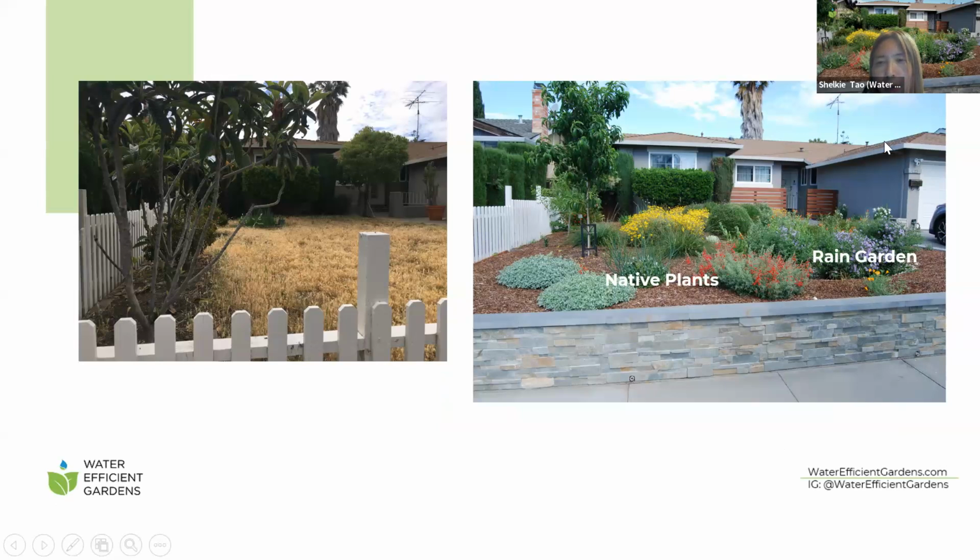When it rains, all that water that falls on this roof will go down this downspout and flow into this rain garden and water all these plants here. And these plants, as you can see, are blooming very beautifully. These plants can become a habitat for the pollinators. So that's a big benefit of the rain garden. It can make full use of the rainwater and grow the plants, which can become the habitat for the pollinators.